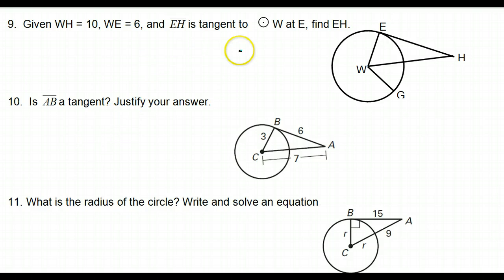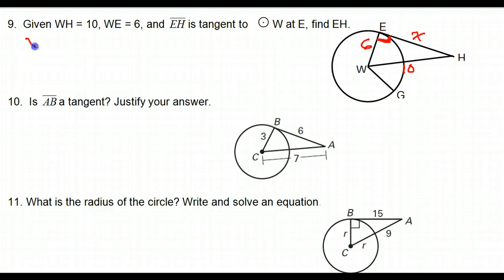Alright, for number 9, we need to find EH. So we're looking for this right here. A radius is always going to be perpendicular to the tangent. So I know this is a 90-degree angle. WE is 6, so I know that this is 6. WH is 10, so this is 10. So Pythagorean Theorem.